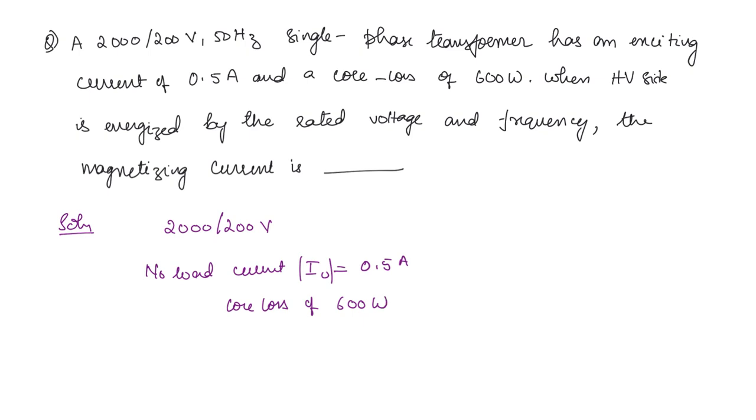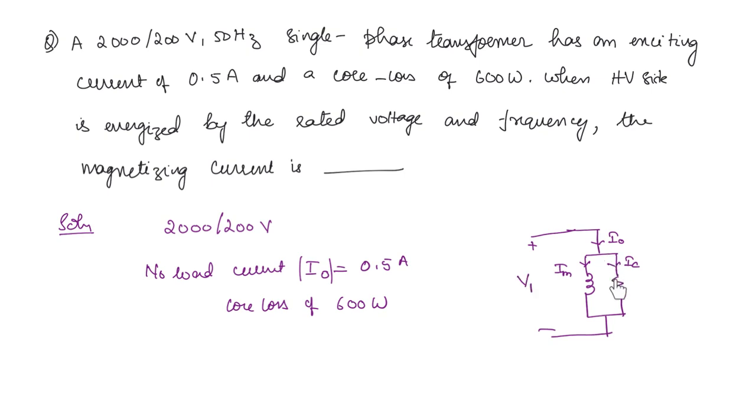From here you can find out the core loss current. Okay, the voltage we know. See, we have the magnetizing reactance and this is the core loss component. Here IM is flowing, here IC will flow and here I naught will flow. So we can approximate this as the applied voltage V1.